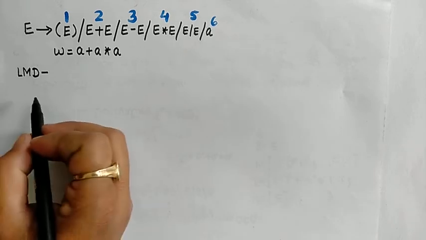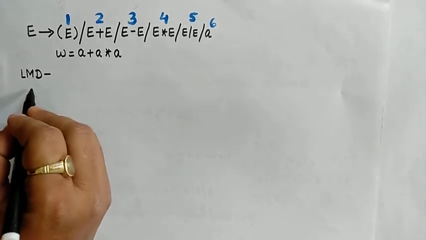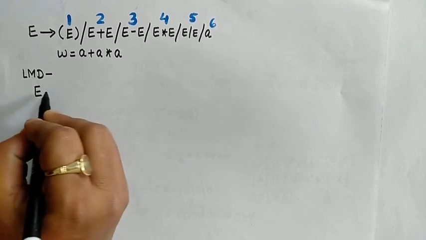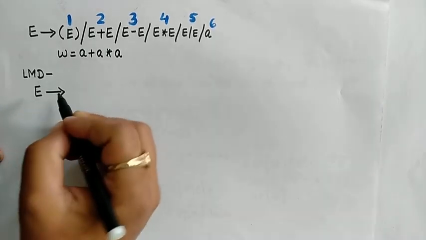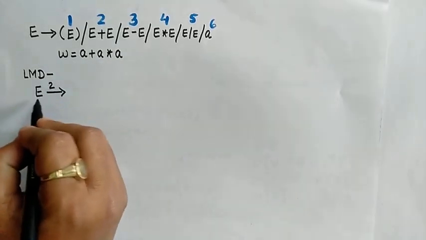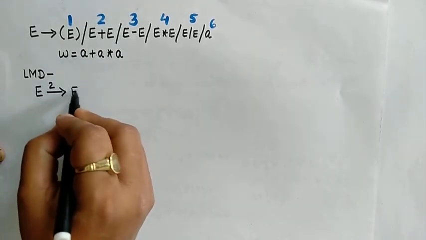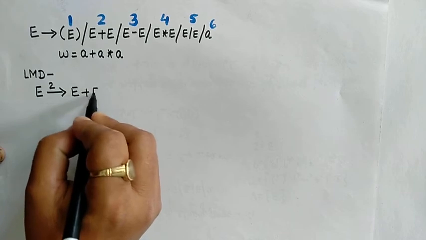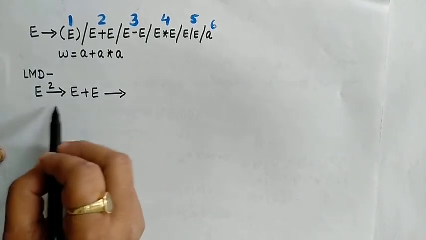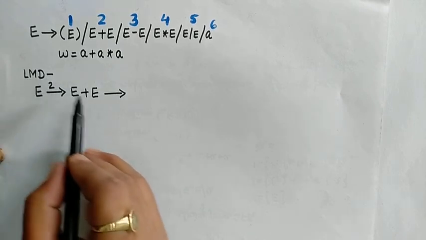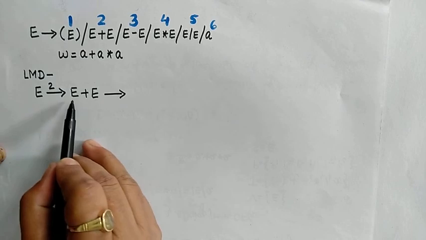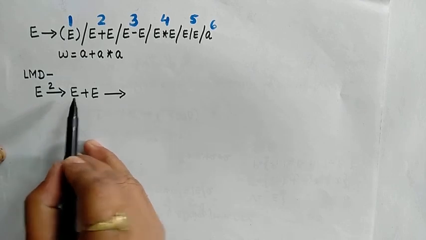So here you see the leftmost derivation of this string. We start from the start variable, E. We can apply production number 2, replacing E with E plus E. Since we are doing leftmost derivation, at this point there are two variables, so we choose the leftmost variable.